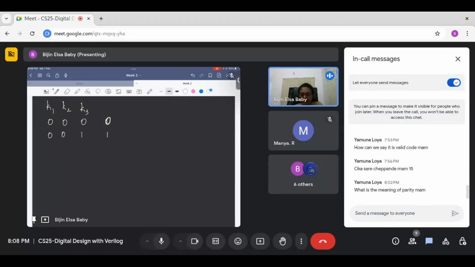If it is 0, 0, 1, you have an error at bit position 1. Then 0, 1, 0 is position 2, 0, 1, 1 is 3, 1, 0, 0 is 4, 1, 0, 1 is 5, 1, 1, 0 is 6, and 1, 1, 1 is 7.